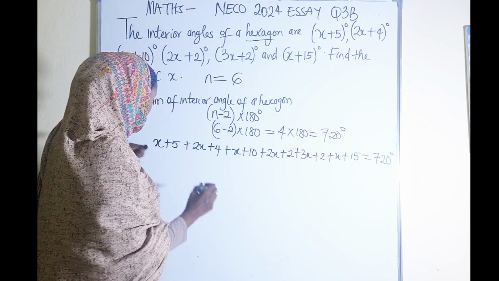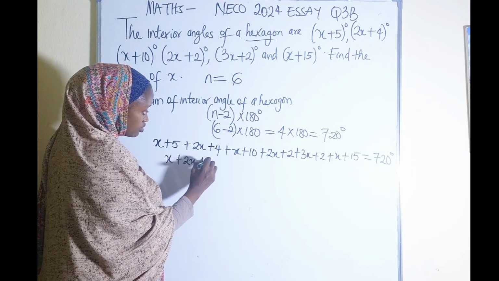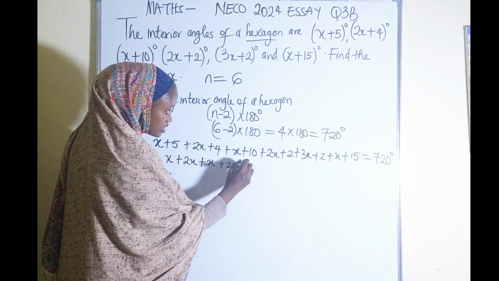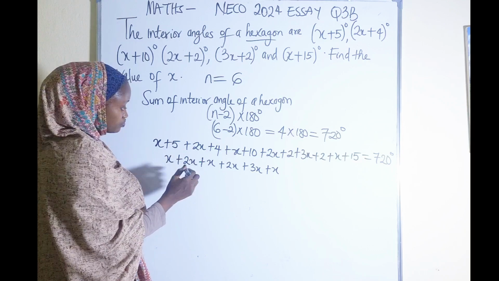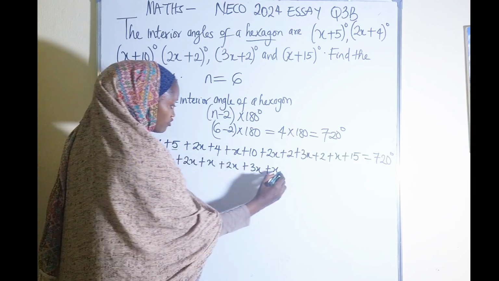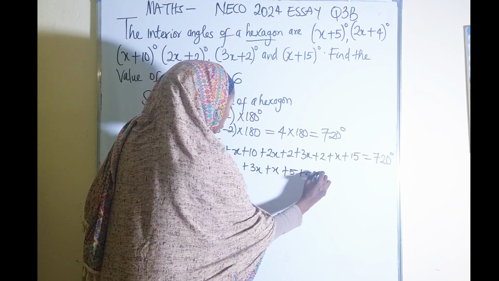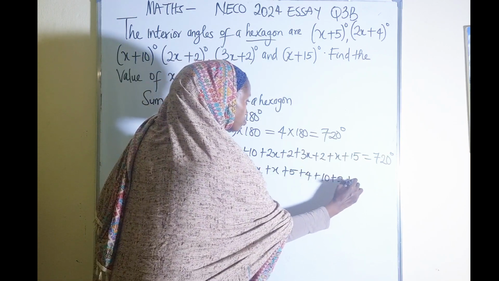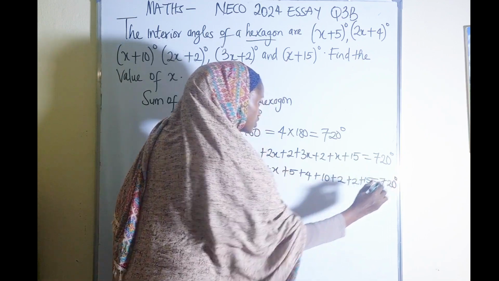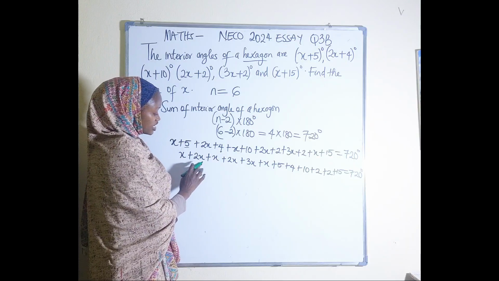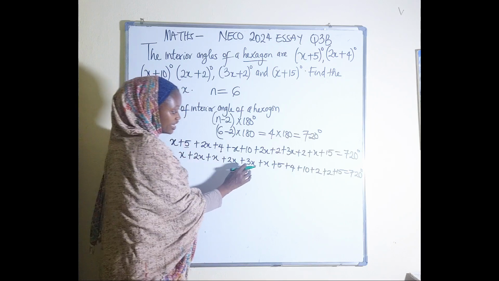Now let's collect like terms. Let's bring all the values of x together. We have x plus 2x plus x plus 2x plus 3x plus x. So let's take the constants: we have plus 5 plus 4 plus 10 plus 2 plus 2 plus 15, equal to 720 degrees. x plus 2x is 3x, plus x is 4x, plus 2x is 6x, plus 3x is 9x, plus x is 10x.